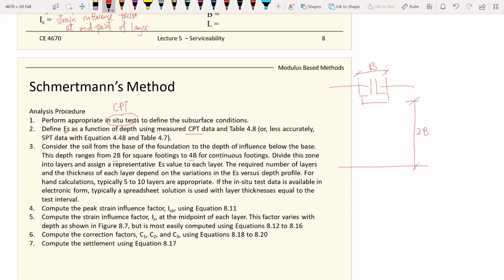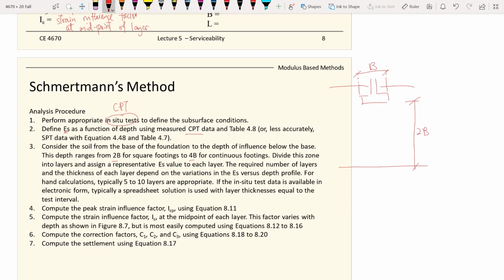Because the rate times the time gives you the travel distance, and that will be the thickness of each measurement. Then from there you can use programming or a spreadsheet to automate the calculation of settlements for each layer. So it's quite powerful.